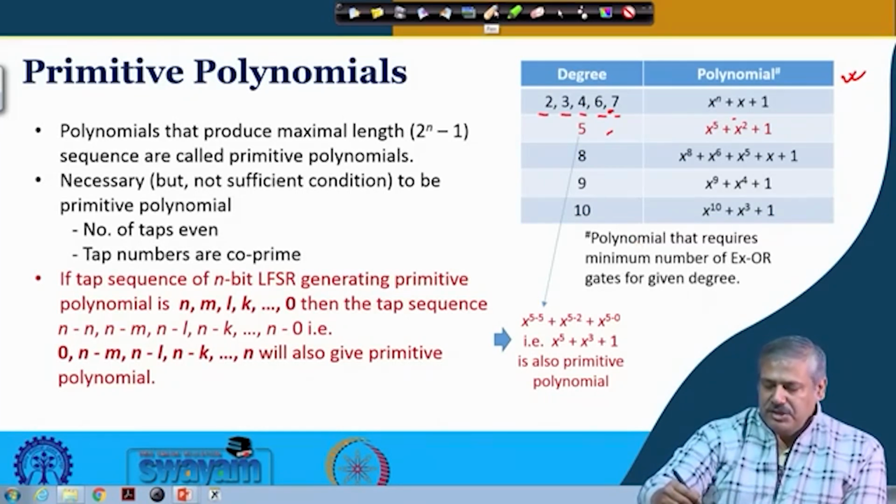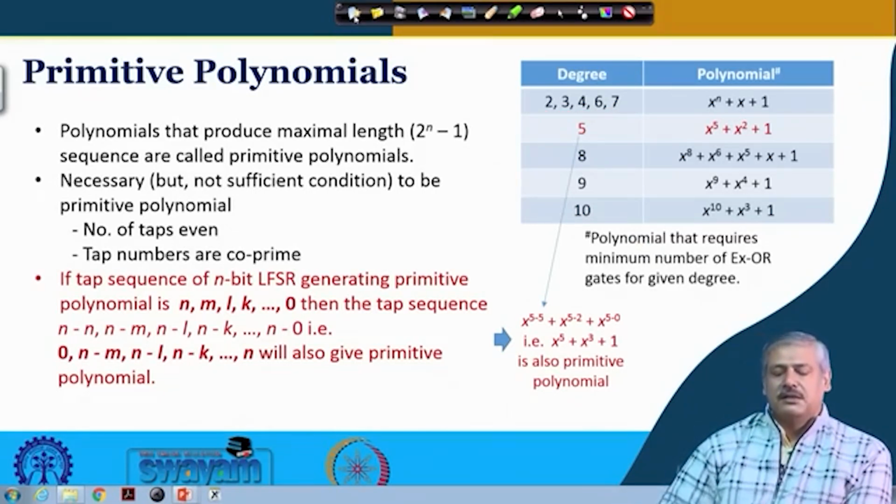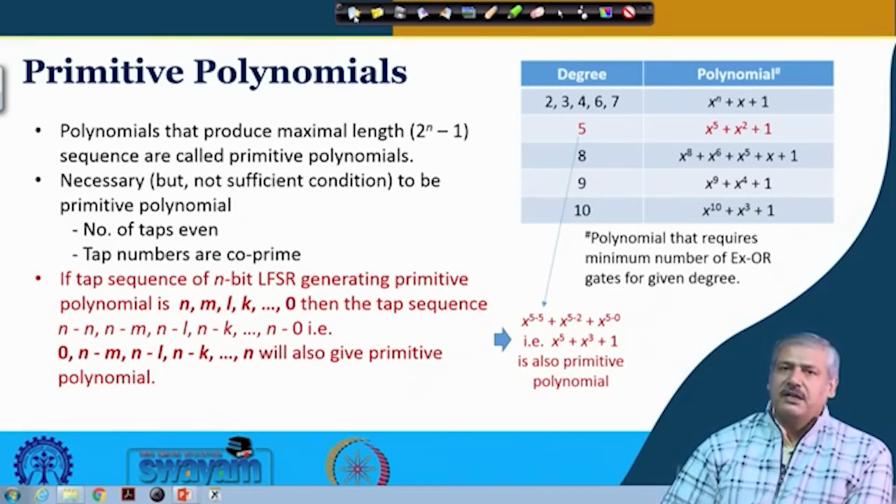Now, in each of these cases, what you can find is that the necessary condition, it is not sufficient, but it is required, is that the number of taps is even.